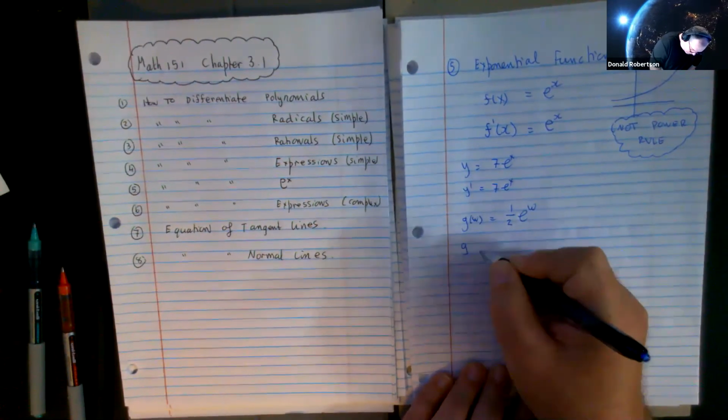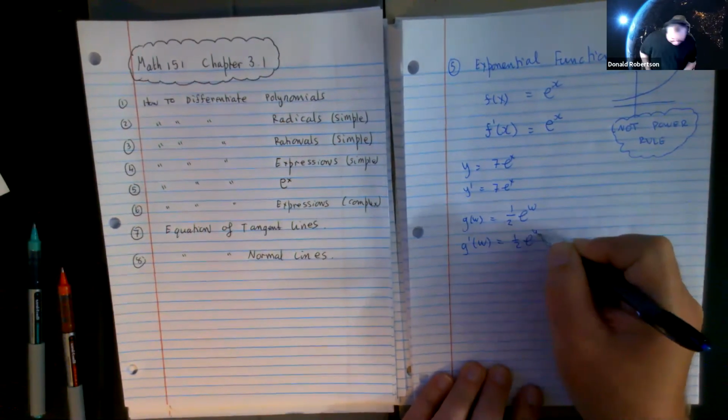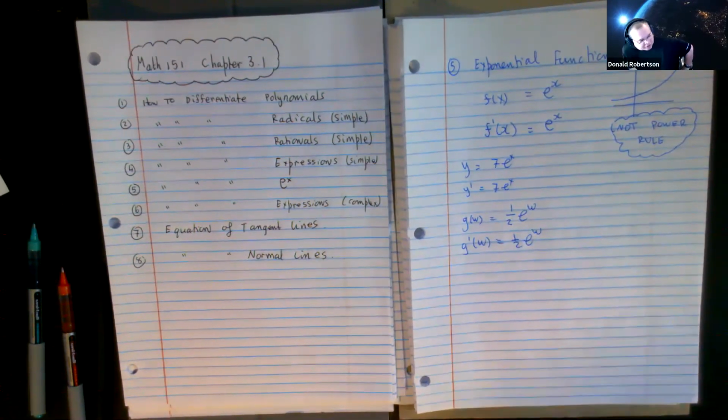The derivative of half e to the x is half e to the x. Would you agree you'd have to try really hard to screw up a derivative of e to the x? Right? You really, really would have to be careless.